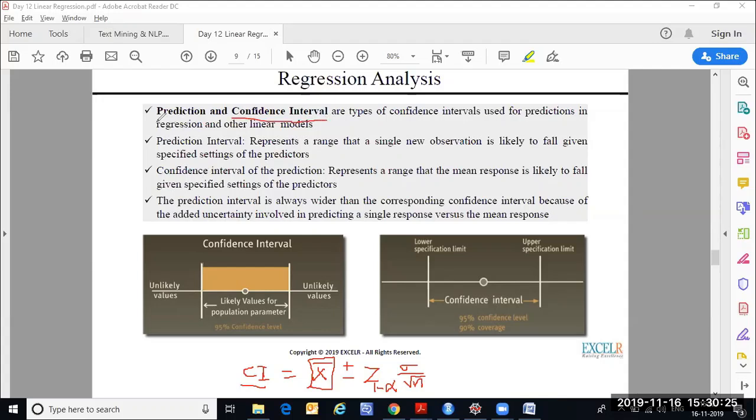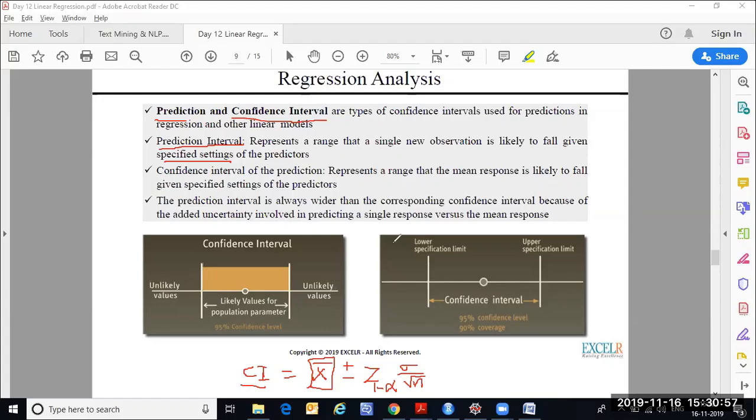But if we take the prediction interval, it's again a range in which the new value that you're predicting would fall in that specified range.